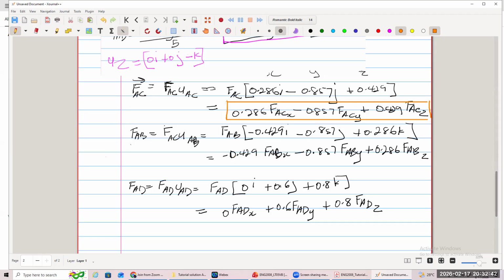The AB line is this one down here. Then you have another one. And the last one is this one. Watch carefully.